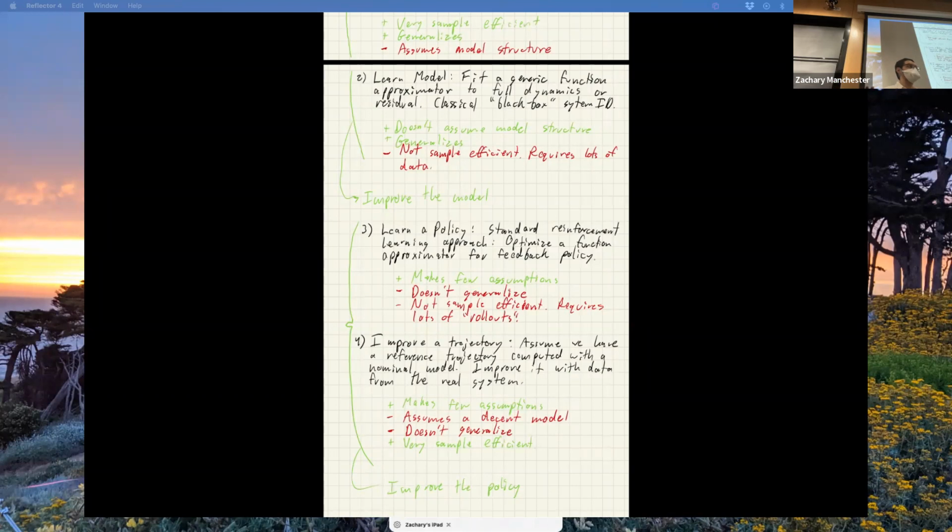The policy things and the ILC things are dialing in a controller for one very specific task. Whereas with model-based approaches like learning a model, even if you're only fitting it within some region of the state space, I can do any task I want in that region. So I can totally change up the behavior and do something else with it pretty easily, without having to go collect more data, right?